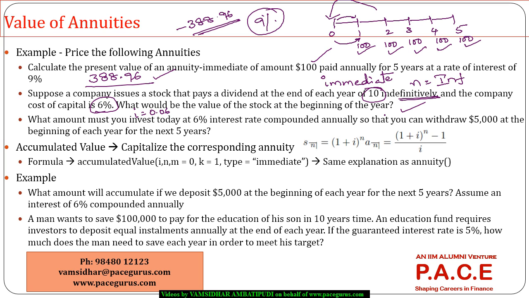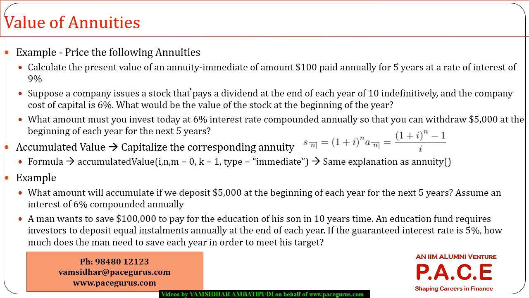Similarly, one more numerical. What amount must you invest today? So invest today means I have to compute the present value at 6% interest. So I is coming out to 0.06 compounded annually. K is 1 only here, so that we can withdraw 5,000, right?